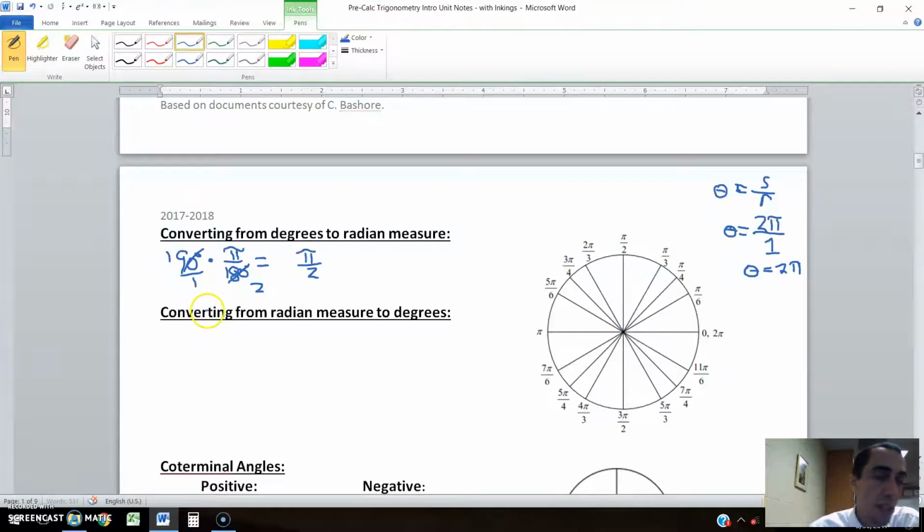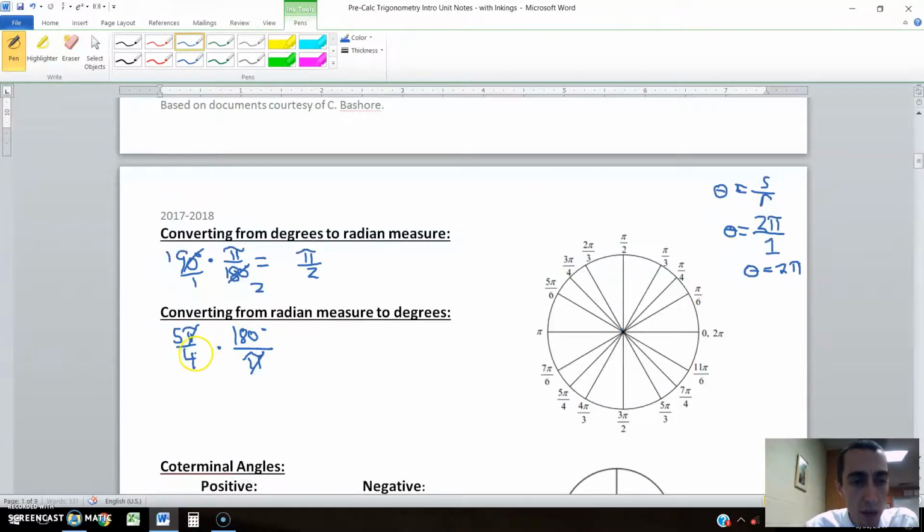The way to go, in a sense, backwards from radians to degrees is to multiply by 180 degrees over pi. So for instance, let's say that we're looking at this angle right here, this 5 pi over 4. We want to know what is that angle in degrees. So multiply that by 180 over pi. Pi's cancel.